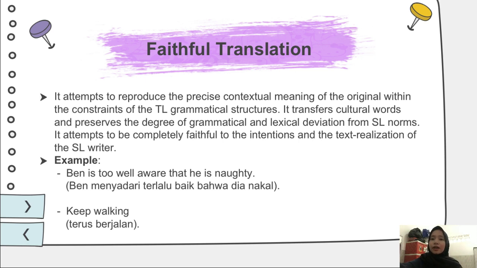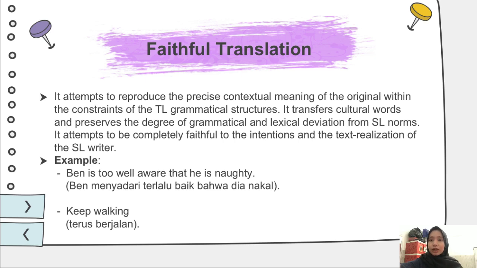It attempts to be completely faithful to the intentions and the text realization of the SL writer. So, faithful translation simply means the translator aims to convey the author's intention of the text as faithfully as possible into another language.